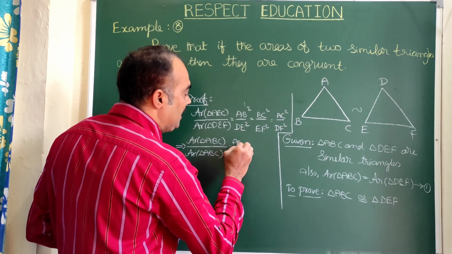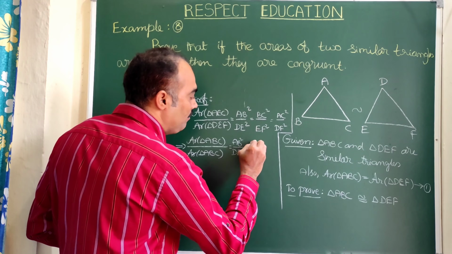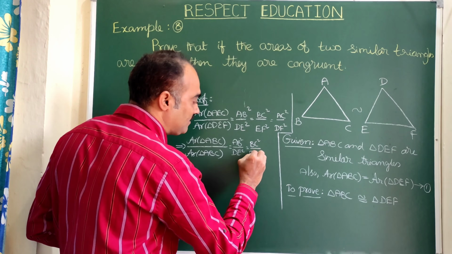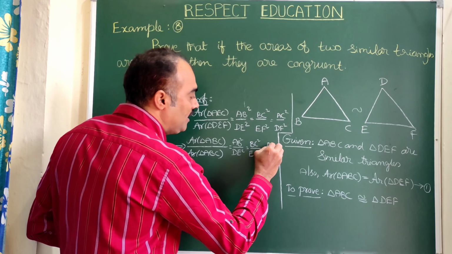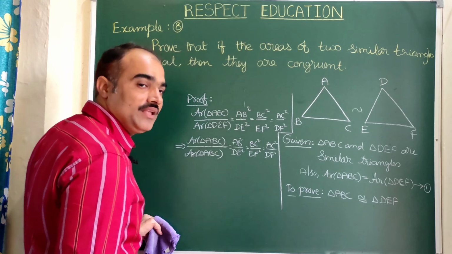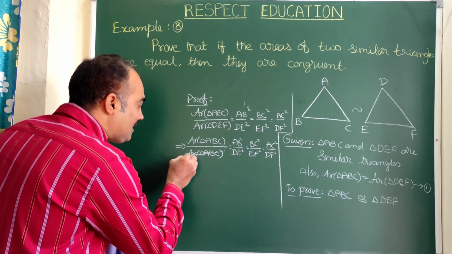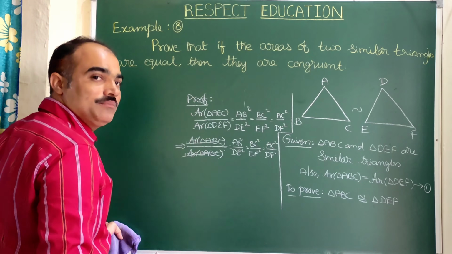So here AB square by DE square is equal to BC square by EF square is equal to AC square by DF square. Right? Now, since both are equal, we can cancel it. So here 1 comes.